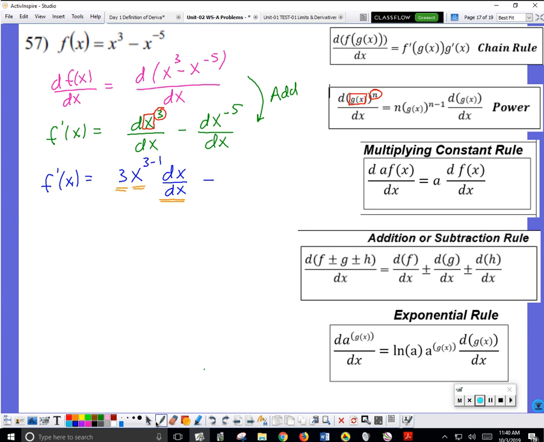You good? How many knew it? 3 for Sarah. So this becomes, bring down the -5, x to the -5 subtract 1, dx over dx. Make sure you write the dx over the dx so I don't have to break out the stamp. Okay? Very good.